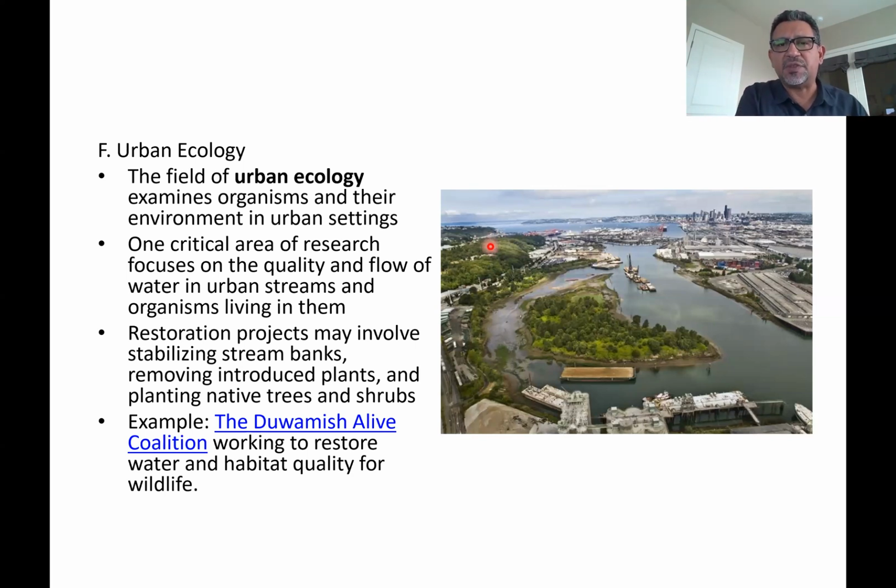And so South Seattle College professors and students have been involved in eliminating exotic alien species that have been brought into this Duwamish Greenbelt. Some of those include the Himalayan blackberry that you are familiar with, and also planting trees.